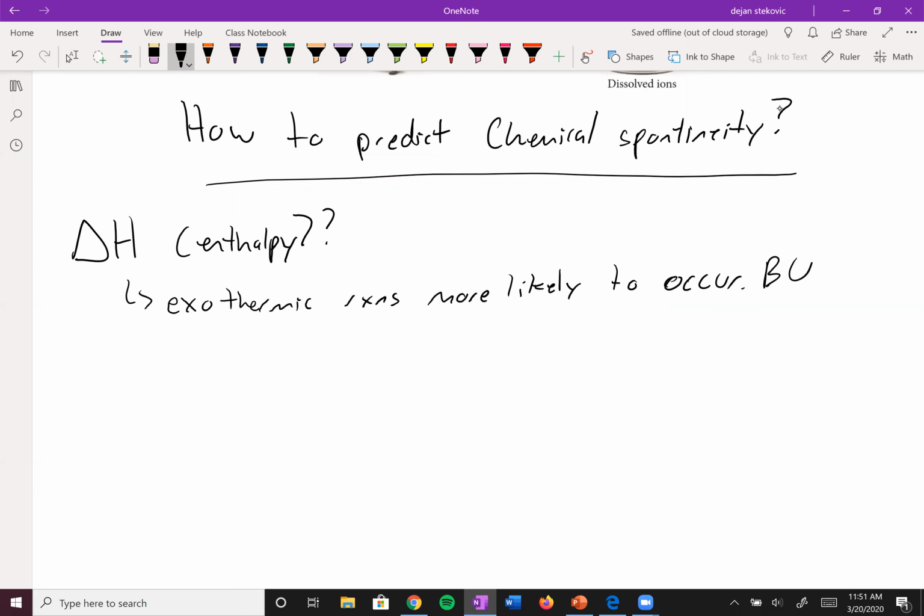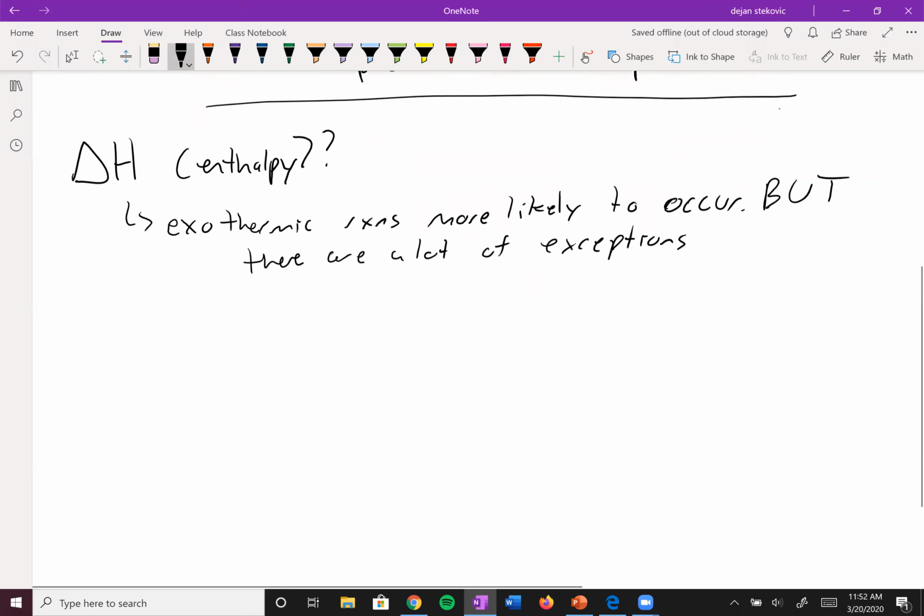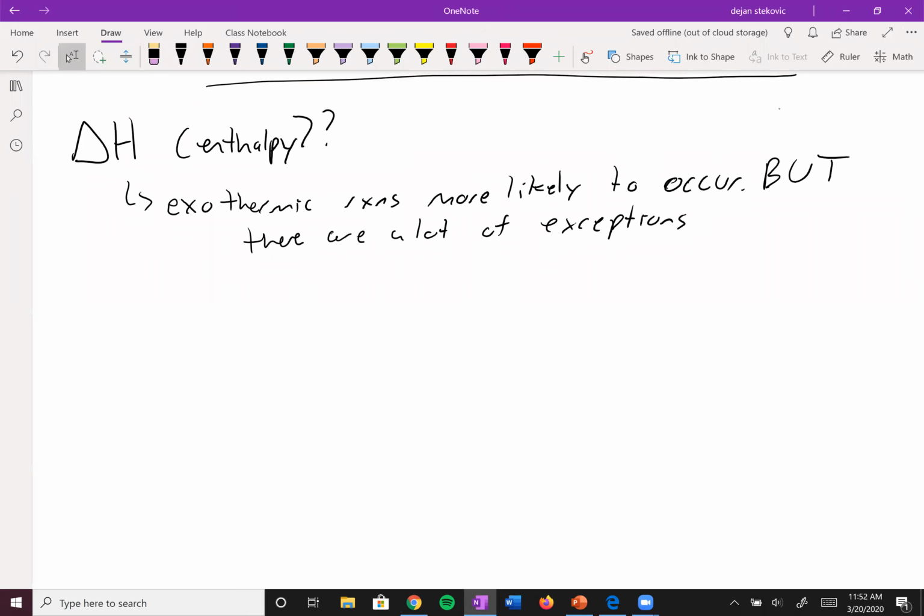But there are a lot of exceptions. There's a lot of endothermic reactions that happen spontaneously, and there's a lot of exothermic reactions that don't happen spontaneously.